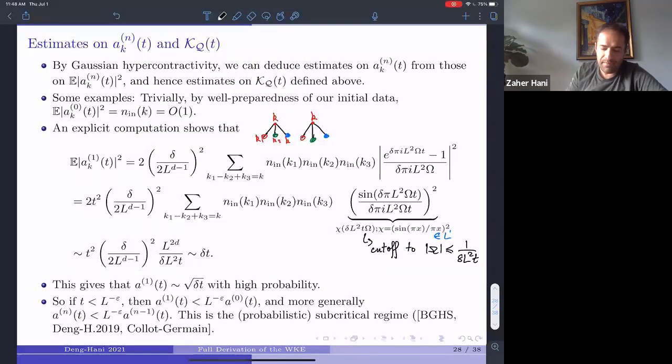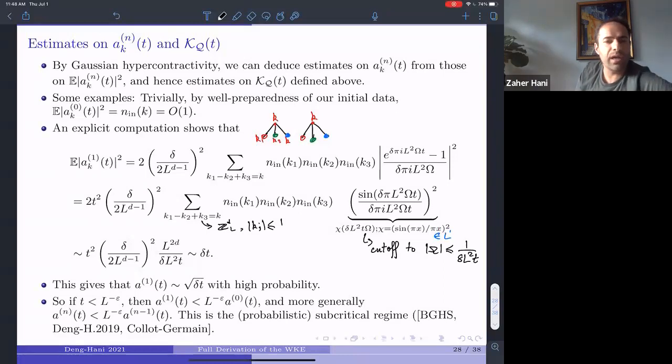And so by doing dimension counting, the size of this sum is given over here. So why is it L to the 2d over that? The reason for that is quite simple if you do dimension counting, although the proof is highly non-trivial. So you're summing k1, k2, and k3. Each one of those is in Z_L^d. And because these are Schwartz functions, you can think that |k_j| is less than 1. So in total, you are actually summing only k1 and k2.